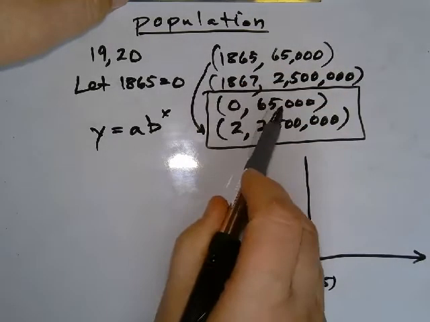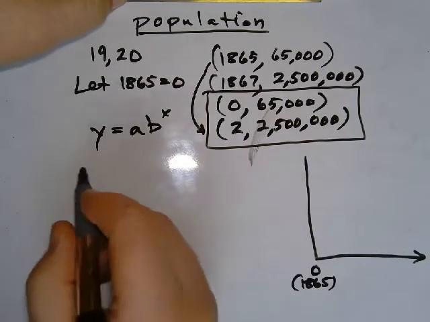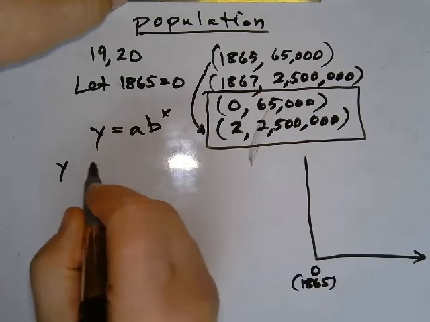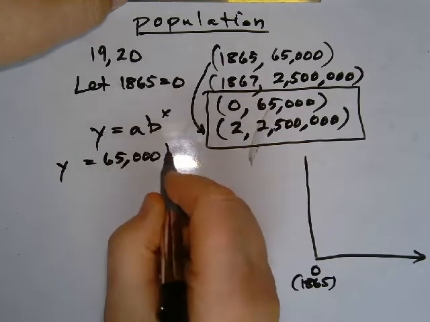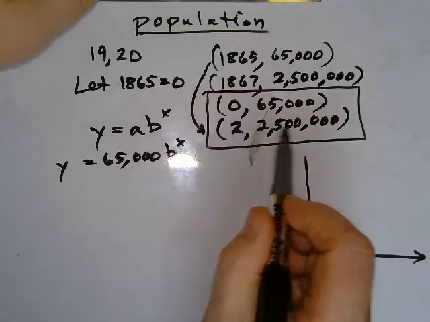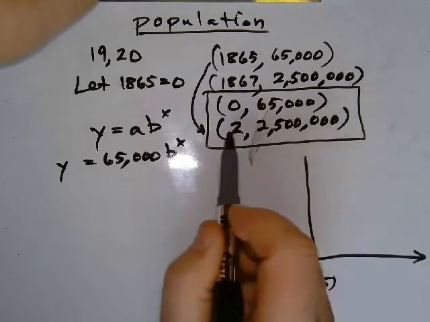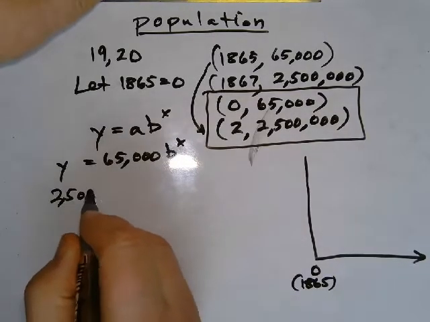Well, 0 is 65,000. That means that that's the y-intercept. So we're going to put 65,000 in for a, the y-intercept. And we're going to take the other ordered pair and put it in for x and y respectively. So y is 2,500,000.